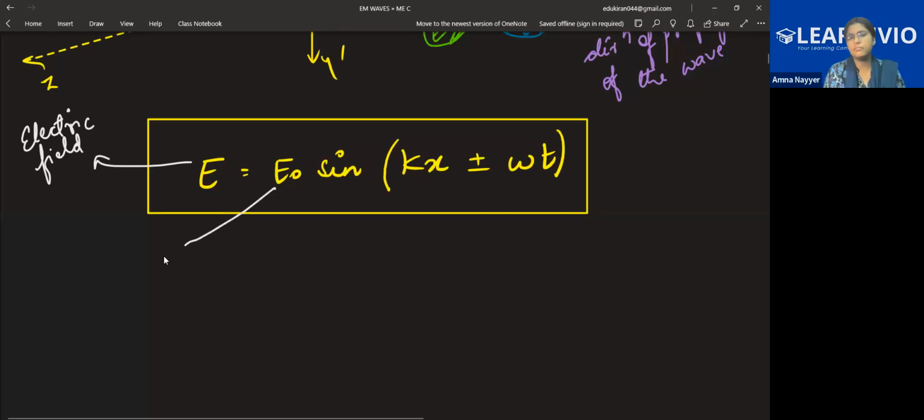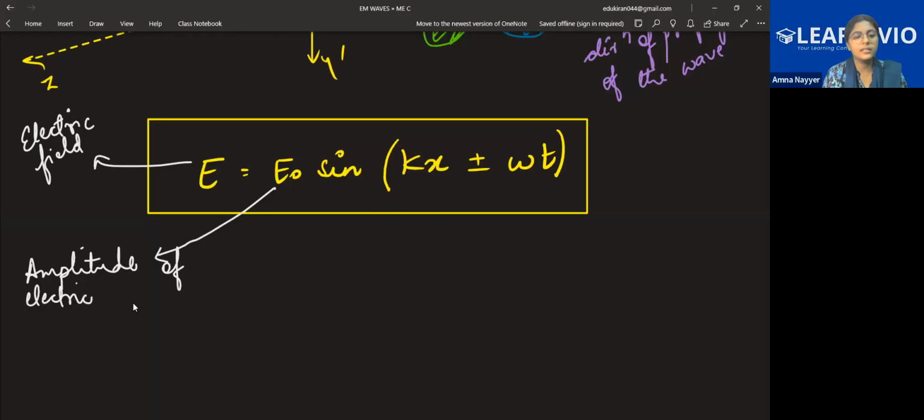I think I have told you this also: it's the amplitude of the electric field, or you can say the maximum value.